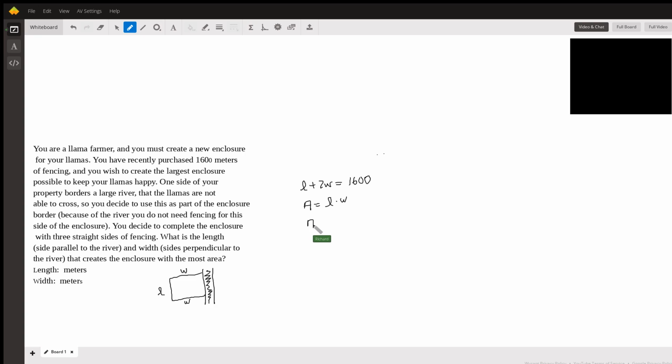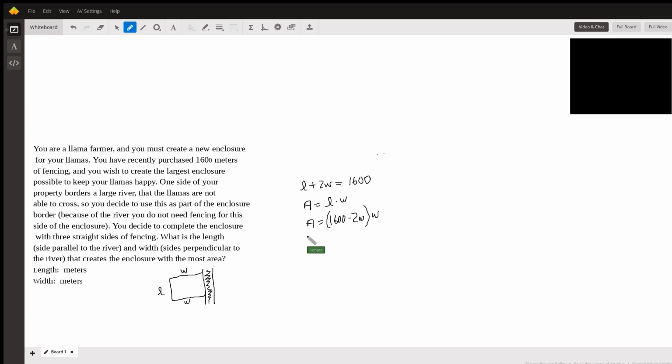And so we're just going to substitute out the length. You can see the length is 1,600 minus 2W. And that's the length right there. And then we just put the width here. So now we have a single equation.